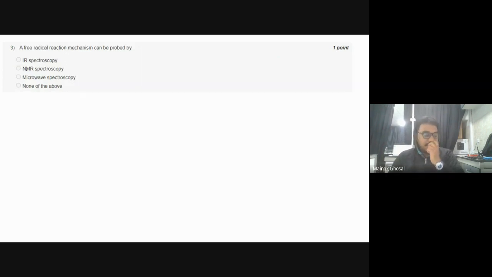A free radical mechanism can be probed by using IR, NMR, microwave, or none of the above. I have discussed it in lecture number 53. IR spectroscopy actually deals with vibration. NMR spectroscopy deals with nuclear spin.